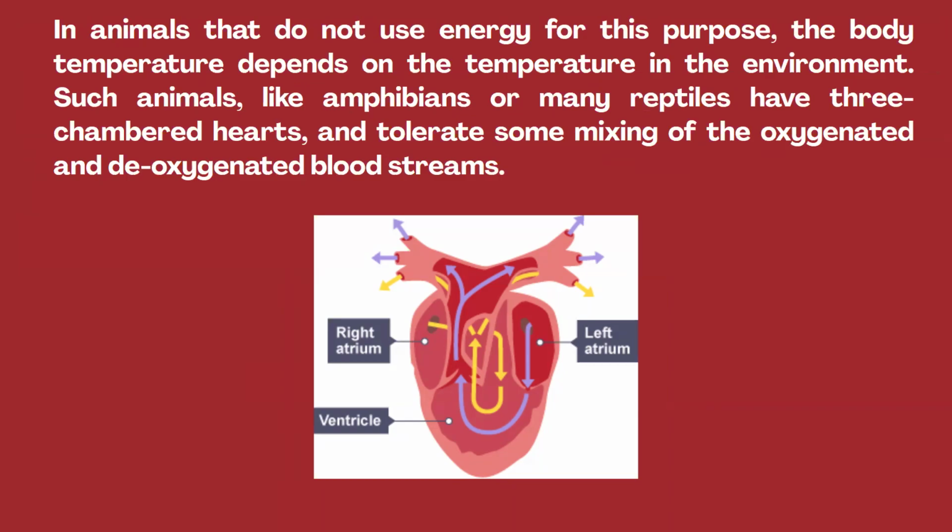This is also very important in animals that do not use energy for this purpose, where the body's temperature depends on the temperature in the environment. The four chamber heart organisms, the mammals, can maintain their body temperature, but the animals that do not use that much energy have a body temperature that depends on the environment.